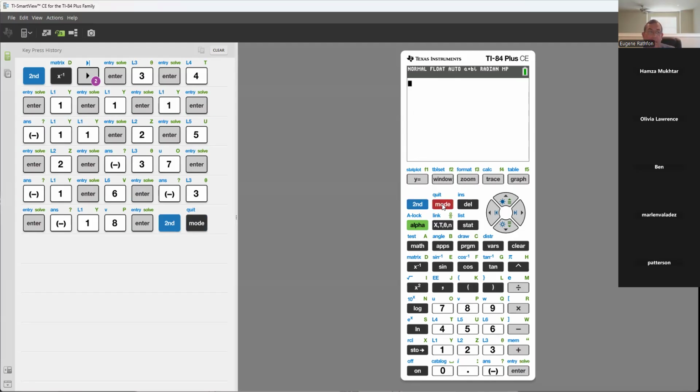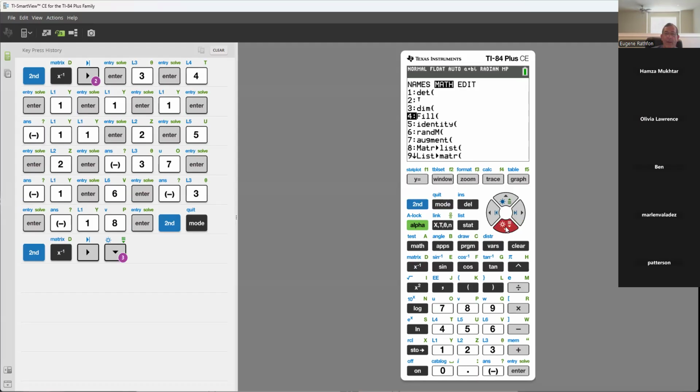But y'all, what's nice is the rest of the problem, I'm going to do it just like I did with the 2 variables. I'm going to go get that RREF, and then I'll come back and get that matrix, and I'll get my answer. So here we go. Second, x negative 1, arrow to math, and then go all the way down to RREF, which was B on mine, enter. Go get the matrix, second, x negative 1, enter.